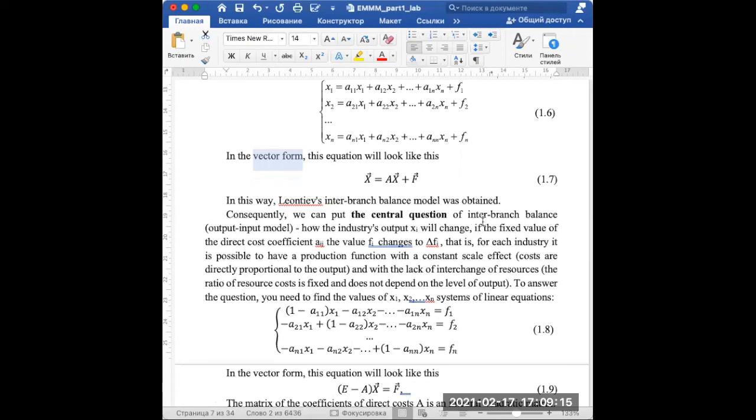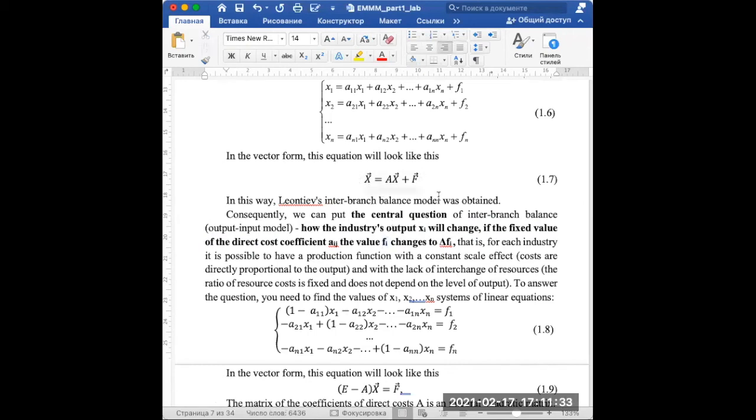The central question is to find the changes in x if we change our f by some delta. So how will our production react to changes in final demand?